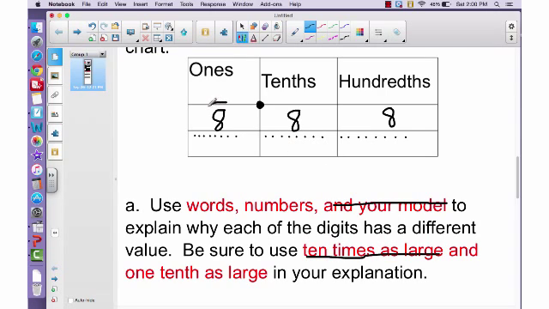Well, an 8 in the ones place is 10 times as large as an 8 in the tenths place. And to use 1/10 as large, you could say 8 tenths is 1/10 as large as 8 ones, or you could say 8 hundredths is 1/10 as large as 8 tenths.